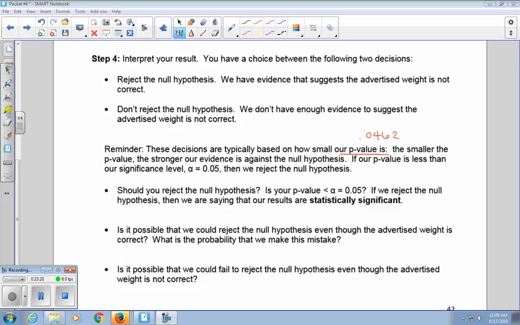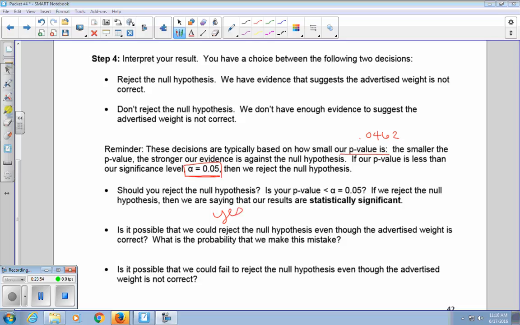And so it gives us evidence to reject the null hypothesis. So the way you make your decision is that if your p-value is less than your significance level, so remember we chose a significance level at the very beginning of 0.05, we reject the null hypothesis. So in this case, our p-value is in fact less than our significance level, and we will reject the null hypothesis.